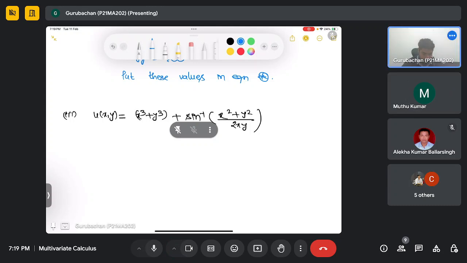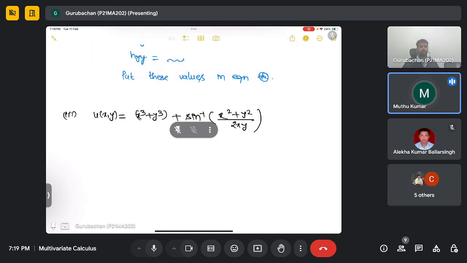Yes, apply Euler's theorem separately for f as well as for g, and add them. Okay, so what will be the answer?